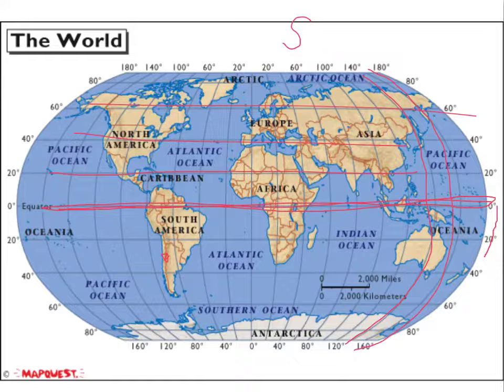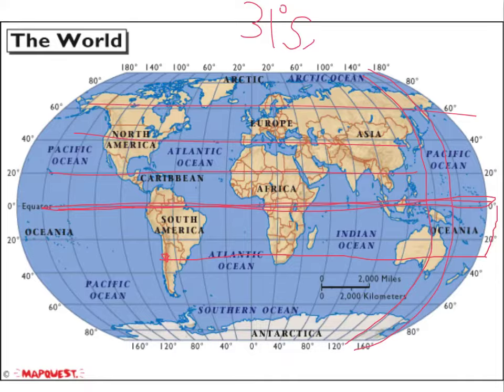And it looks like Santiago is at about this level of latitude. Maybe it's between the 20 and the 40 degrees south lines. Let's say it's 31 degrees south. So 31 degrees south, comma. And so we found its latitude.